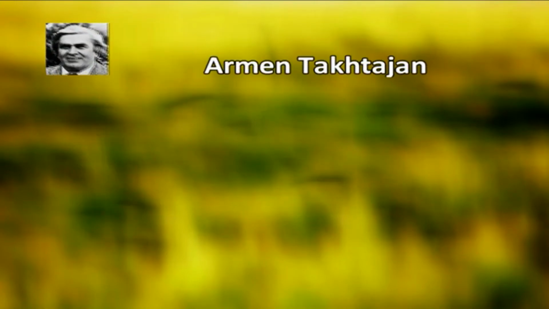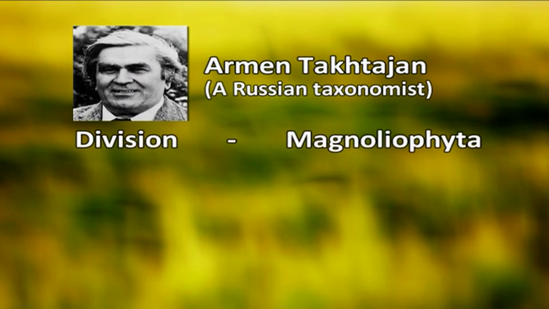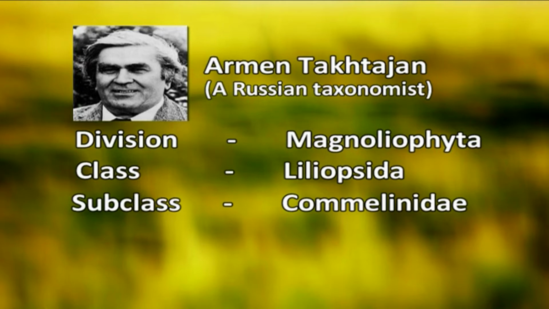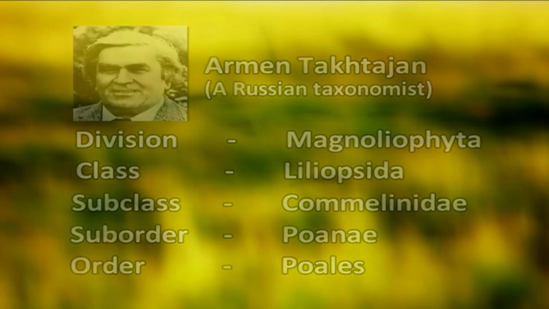Later on, a Russian taxonomist by the name of Armen Takhtajan again ranked it at the division Magnoliophyta, class Liliopsida, but he gave a subclass Commelinidae and also recognized it as superorder by the name Poanae and the order Poales.